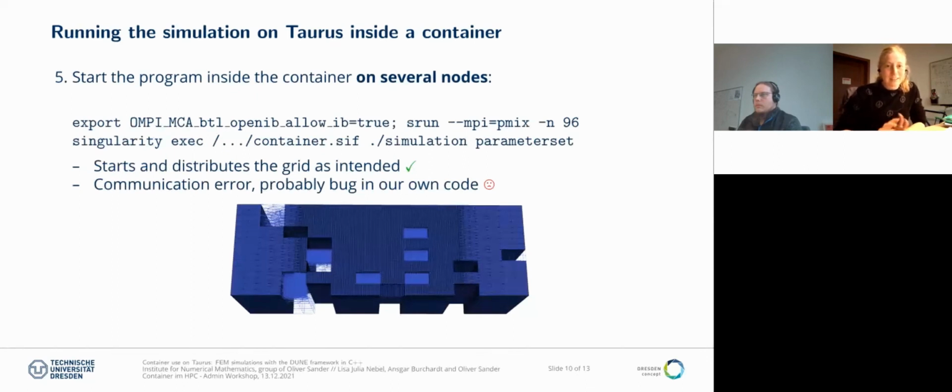So there's still something going wrong with the communication across different nodes. This is one attempt I did with 69 processes, and here you can see the distributed grid.